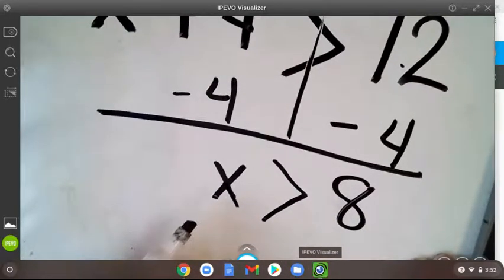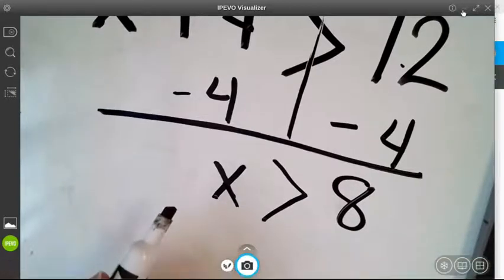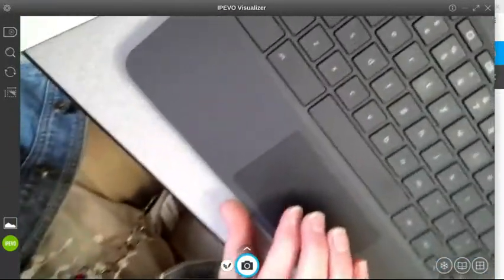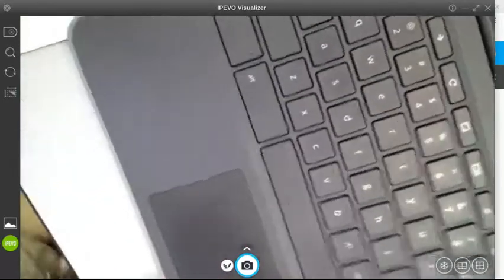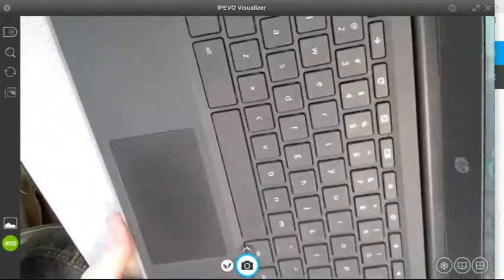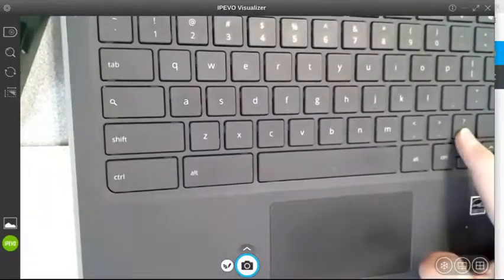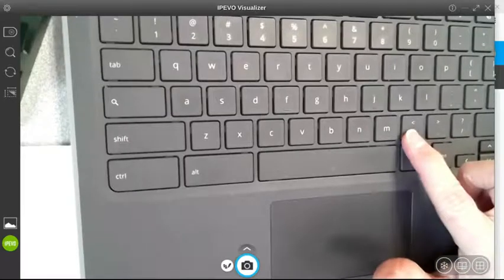Now to type that in, I'm going to use my Chromebook. There's a key on your Chromebook, and let me see if I can find it and show you really quick. It's beside this question mark. There's a greater than sign and a less than sign.